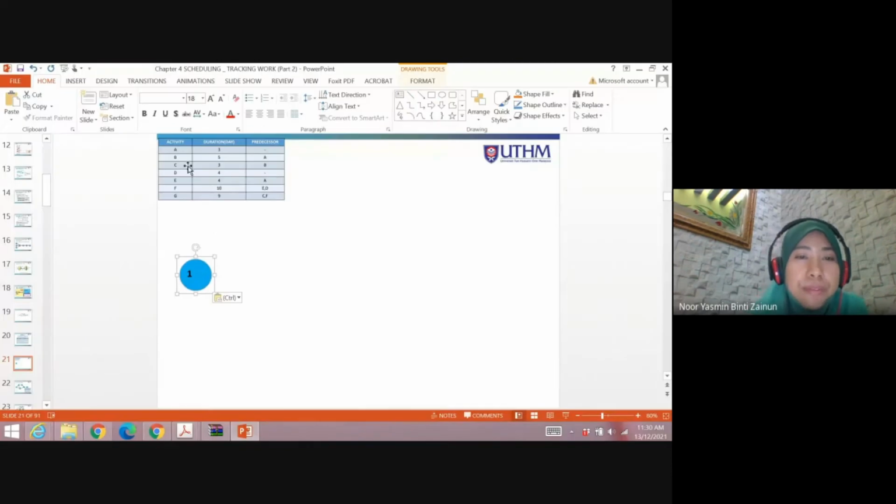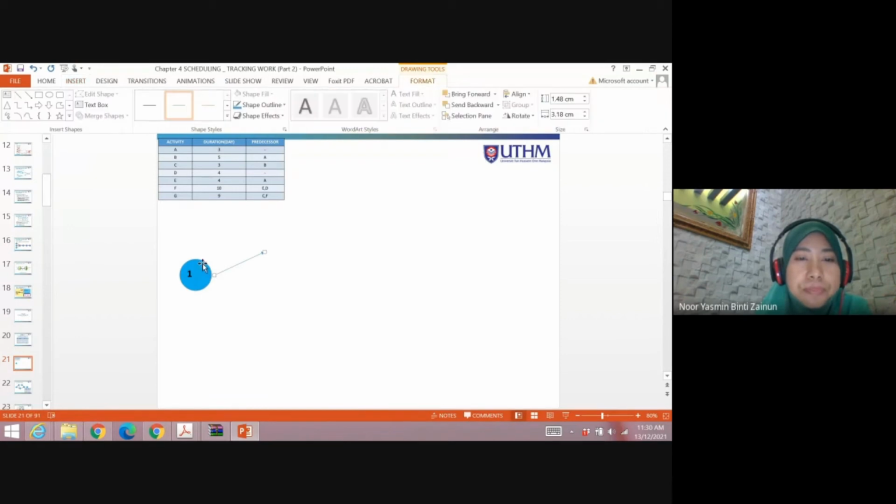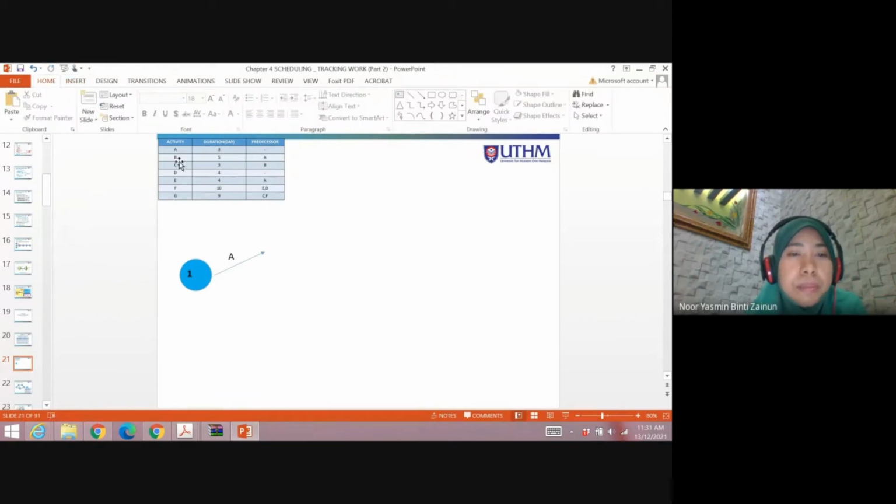It started with activity A, the duration is 3 and no predecessor. Means that no activity connects before A. So this is activity A. And then activity B, the predecessor is A. So after A here, you get B. This will become node number 2.